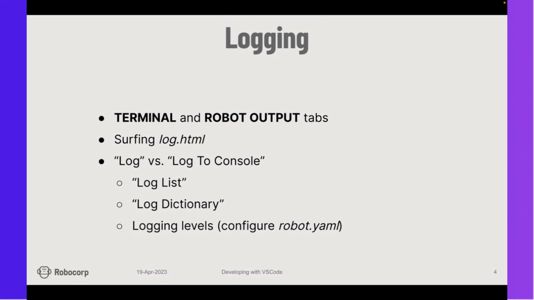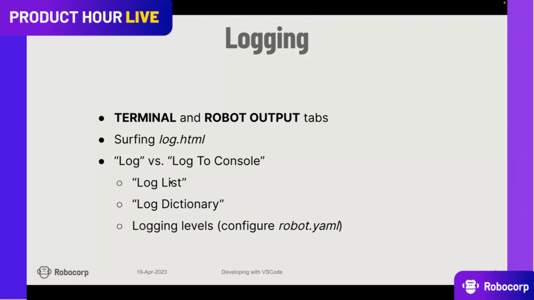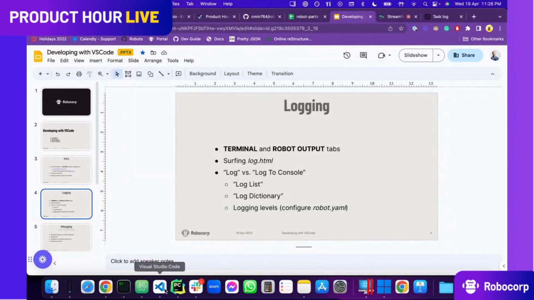You don't need to iterate, for example with a loop where you get every item in a list and then print that item, in case you want to print an entire list nicely formatted. You can just use log list, or log dictionary in a similar way for dictionaries. And the logging levels, as you saw, are configured in that robot YAML file. So that's about it with logging.